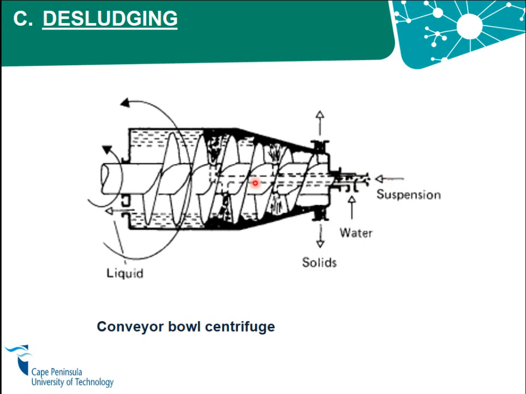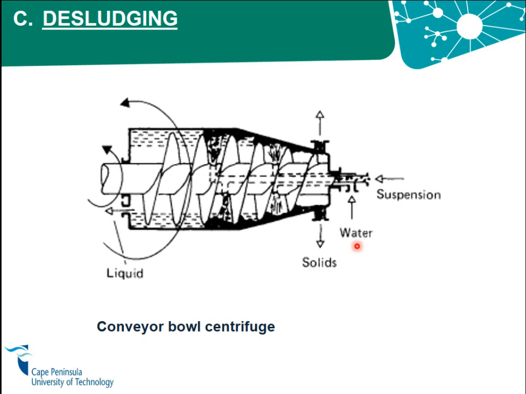Then your product flows through these chambers, and the liquid material appears at the end. This is how we achieve separation. This technique causes the solids to be conveyed to one end of the centrifuge, whereas the liquid fraction moves to the other, larger diameter end. You can see here it's a greater diameter compared to this area here. The solids, which will be relatively dry compared to other types of equipment, can be removed with this technique.